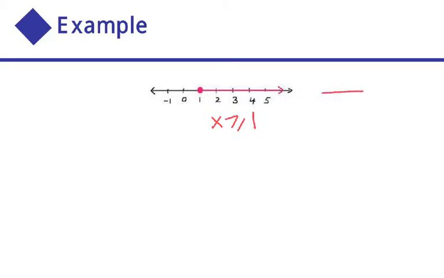And right here we have represented it graphically. The solid dot right here means that it includes equals. If it did not include equals, if it was just x greater than 1, it would be an open circle.